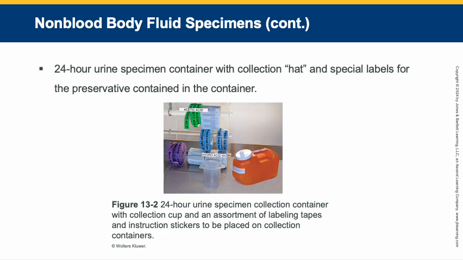If a patient is collecting their samples, you want to make sure and tell them that if their sample container has a preservative in it, they should not urinate directly into the container, because if it splashes back on them, that's going to be a possible acid splashing back on the patient. So make sure they know not to urinate into the container, but to urinate into the collection hat and then pour that into the container.